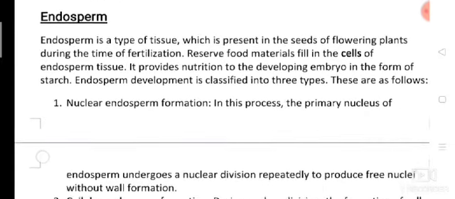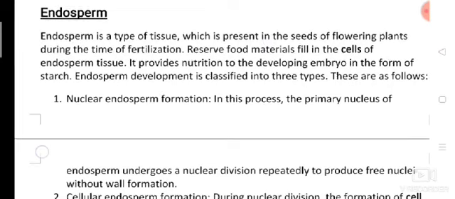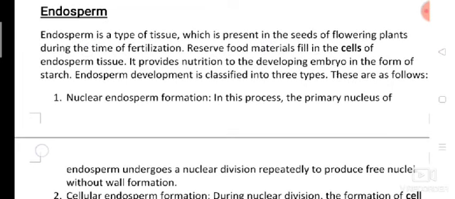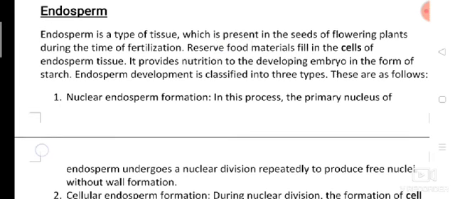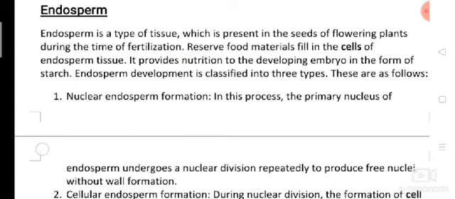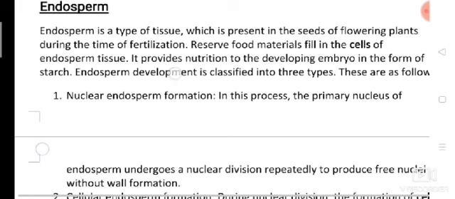Endosperm is the type of tissue which is present in the seed of flowering plants. During the time of fertilization, reserved food material fills the cells of endosperm tissue. It provides nutrients to the developing embryo in the form of starch. Endosperm development is classified into three types.